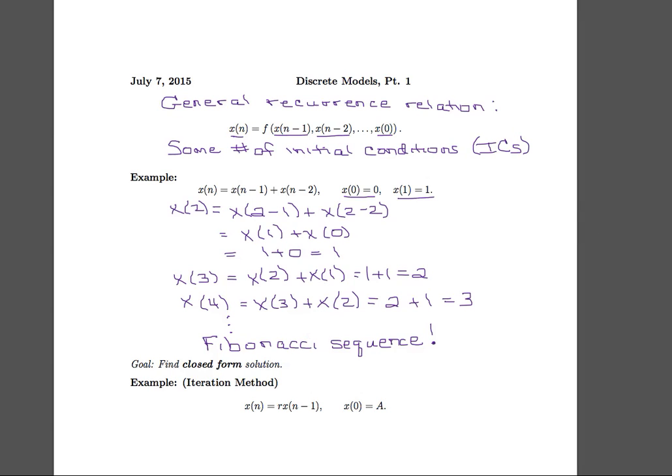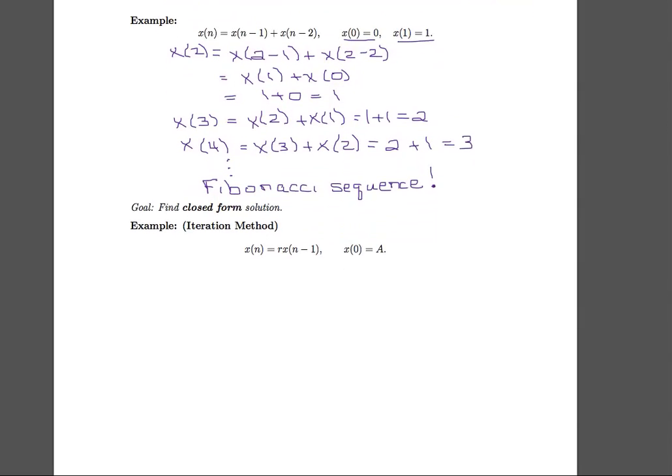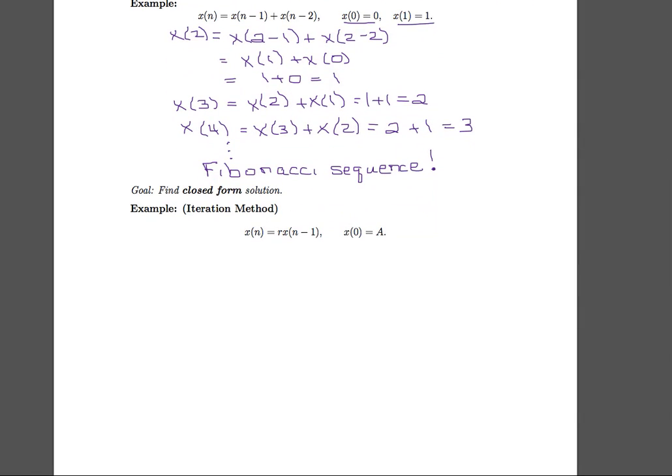Alright, so one of our goals in using recurrence relations is to find a closed form solution. And the idea behind this is, like I said, we could keep computing this recurrence relation forever and ever in this first example, right? But we have to do it one at a time using the recurrence relation, right?